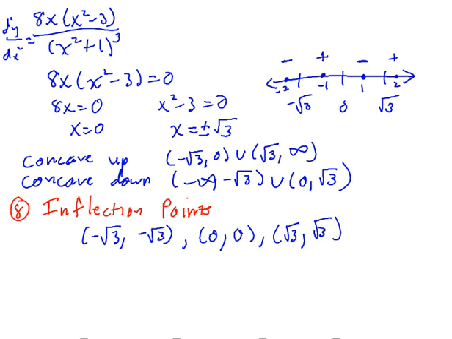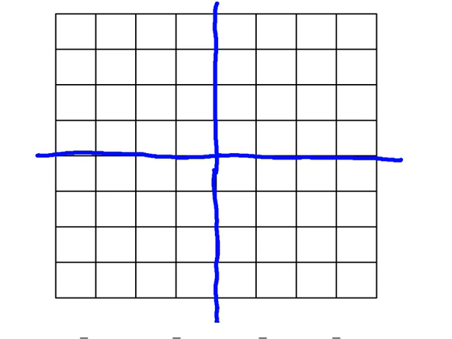So now let's bring that all together and get a rough but good sketch of the graph. Let's first plot some of the points we know. Our x and y-intercept, the only one was the origin. For our relative max and relative min, that's when we plugged in negative 1 and 1. When we plugged in 1, as you recall, we got 2, and when we plugged in negative 1, we got negative 2.